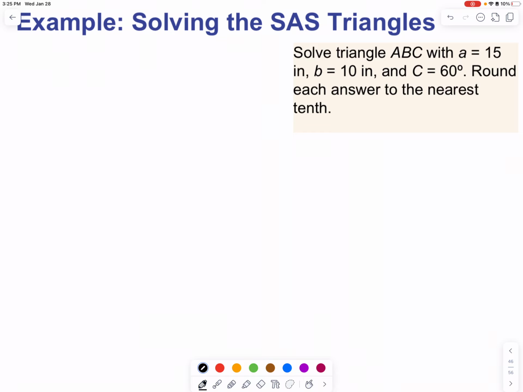So let's start by drawing a triangle. I'm just going to do something like this, again not necessarily a right triangle. Now for my given angle, I'm going to put my 60 degrees here.